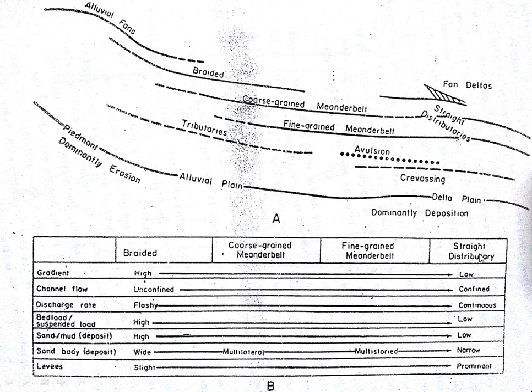and delta distributary channels. Apart from the 3 important discharge characteristics, there are few more parameters that we need to see, that is the ratio of bed load to suspended load, which is high in case of braided river systems and it is lower when we move towards the right hand side.